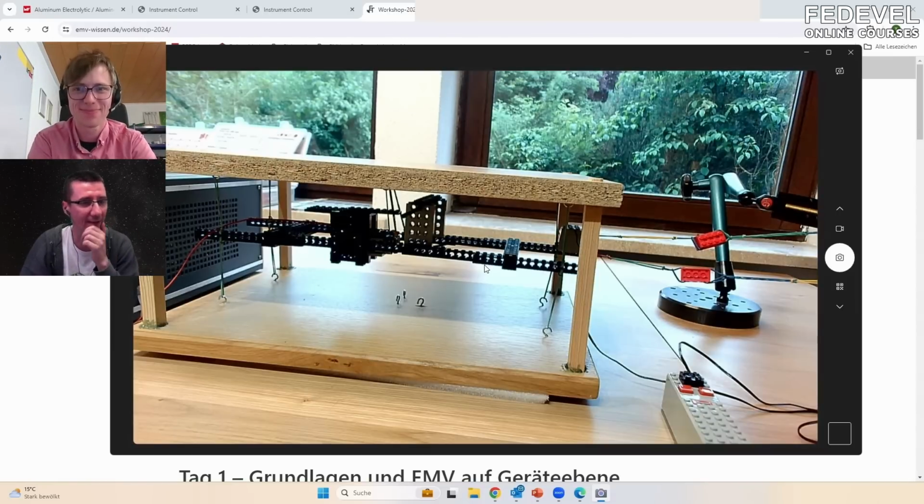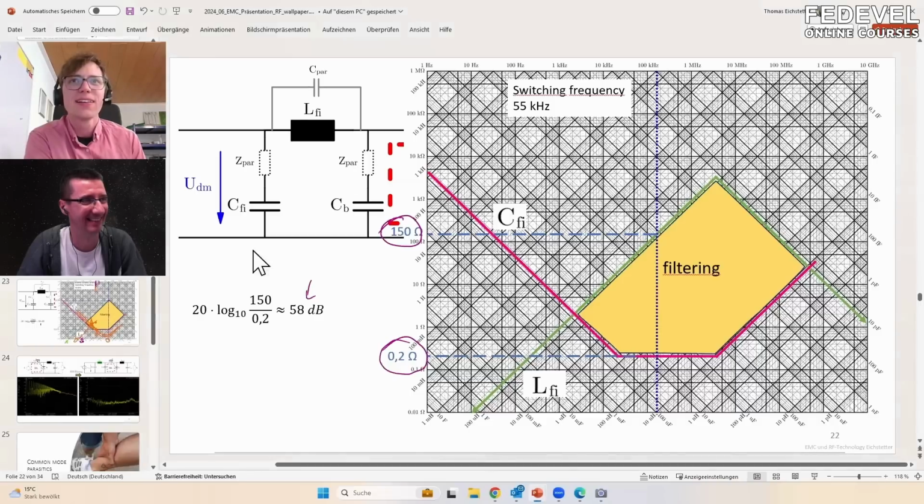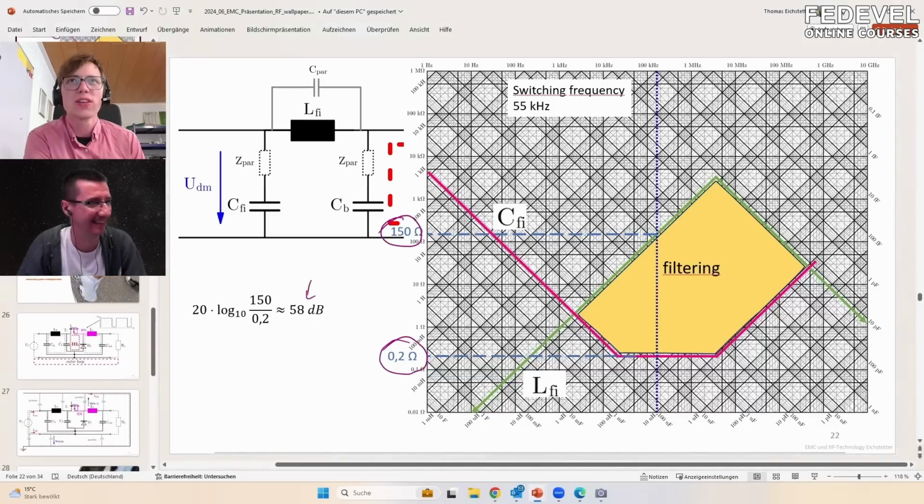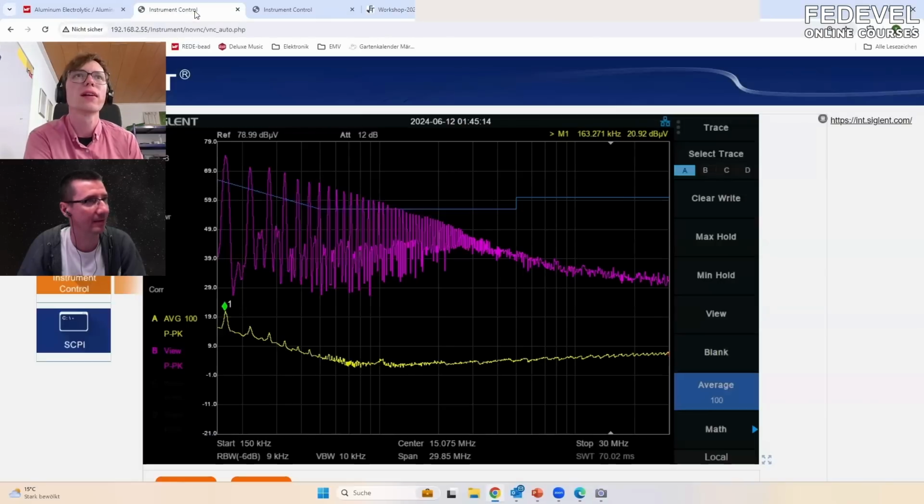Okay, so did we go through everything? I have maybe one interesting thing for you, if you like. Yeah, definitely. We did this differential mode filter, and I want to show you this effect in the measurement when you are touching the switching node.